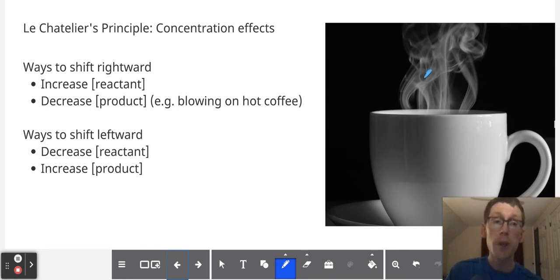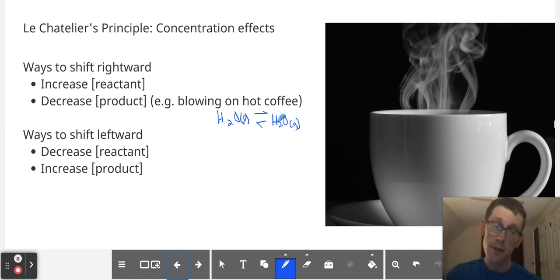And if you blow on it, you're blowing away the gaseous water, which is reducing the amount of product. If we have this equilibrium of H2O in the liquid phase with H2O in the gaseous phase, and we're decreasing the concentration of H2O gas as we blow it away, the reaction shifts to produce more and more of it. As this gets removed, more and more of it's produced.